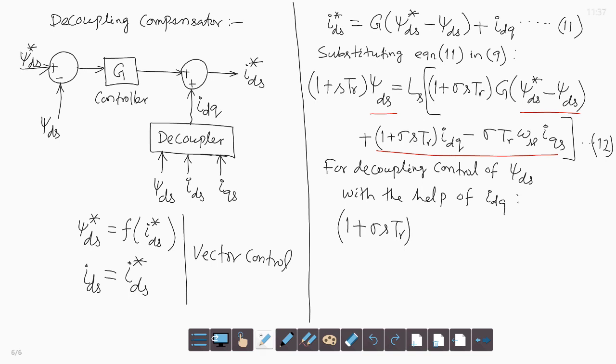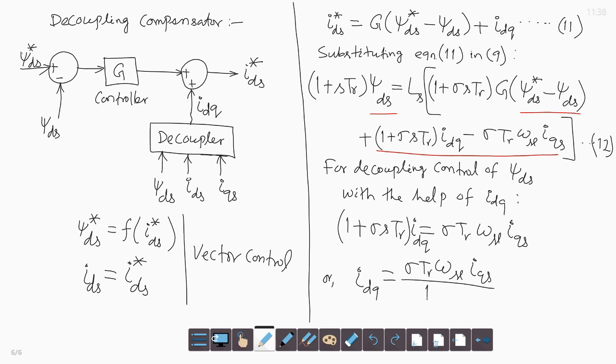So, with that, 1 plus sigma str into idq equals sigma tr omega sl into iqs, or you can write idq equals sigma tr omega sl into iqs divided by 1 plus sigma str.